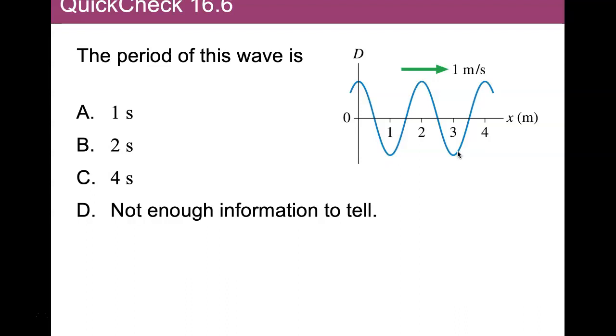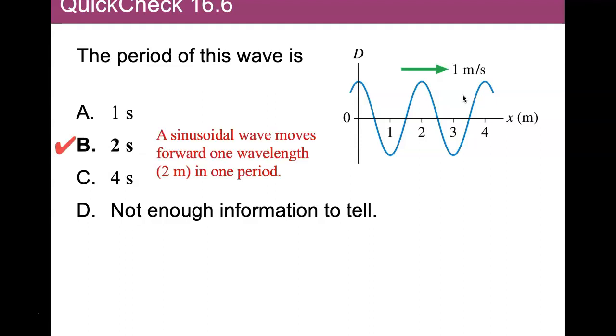So lambda is 2 meters, which we can get by visually inspecting this and measuring the distance between two peaks, for example. And, well, lambda is v times T, v is 1, so T must be 2 seconds.